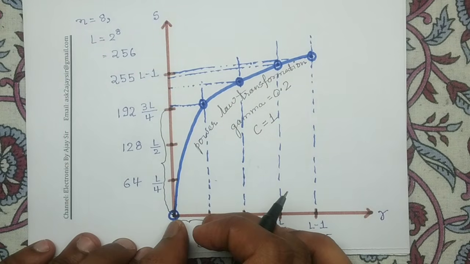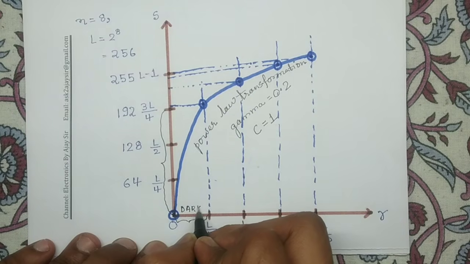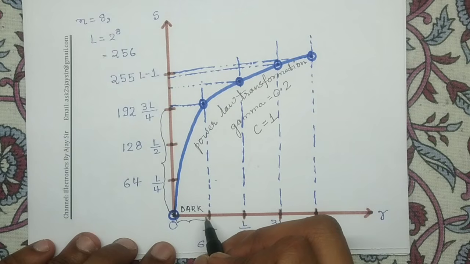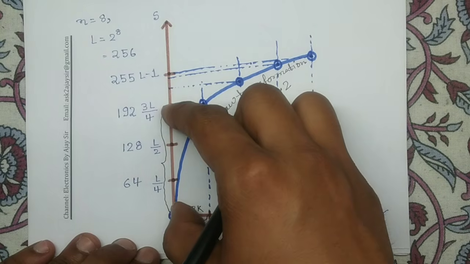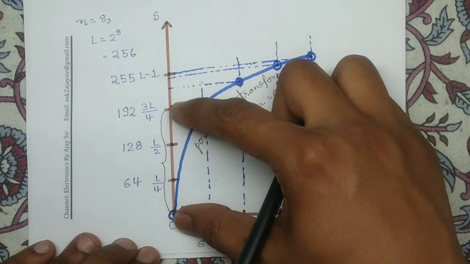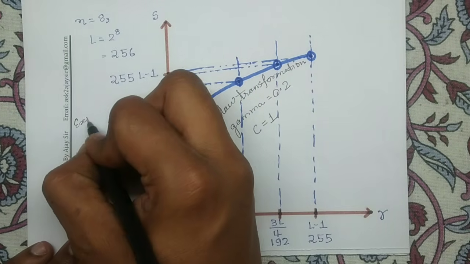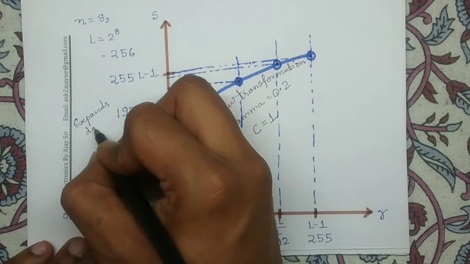This is my dark side. So in this power law transformation curve, when gamma is less than 1, in the input side my difference is very small, it is 64. In the output side, my difference is very large, it is 194. So here I am expanding the dark pixel values.